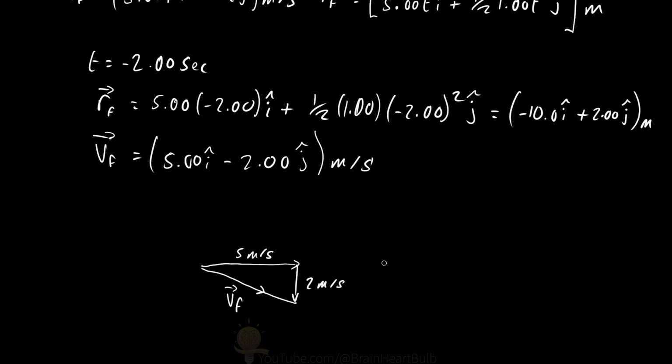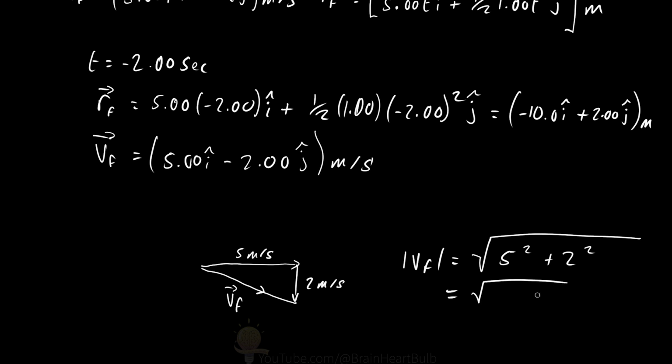So by using the Pythagorean theorem, we can work out the speed, which is equal to 5.39 meters per second to 2 decimal places.